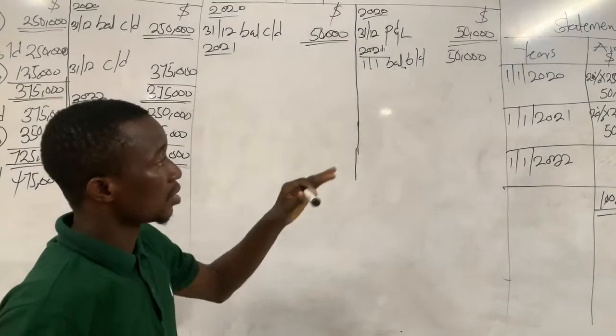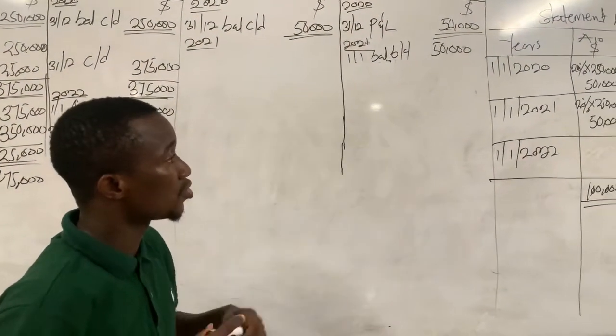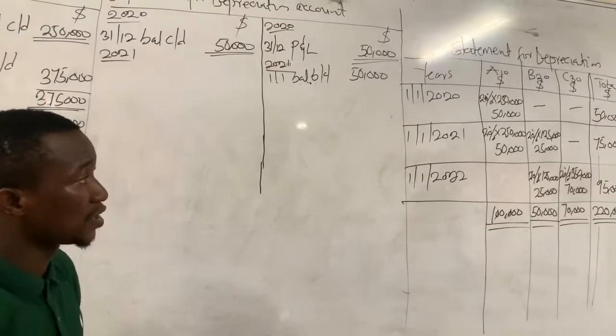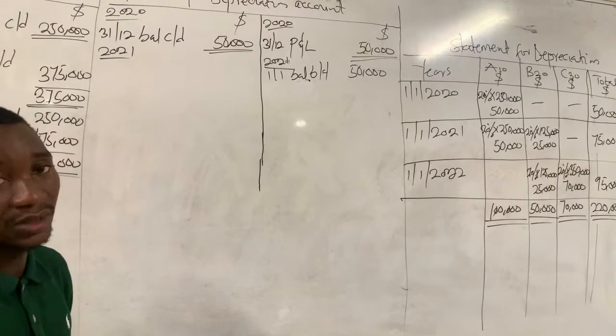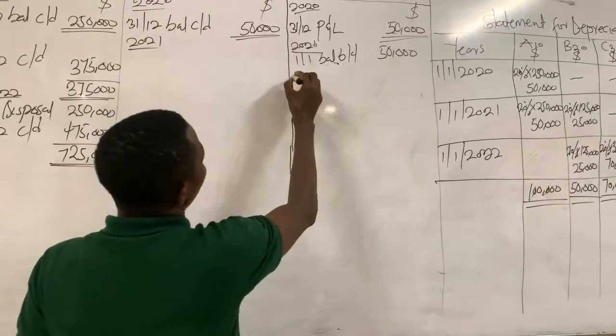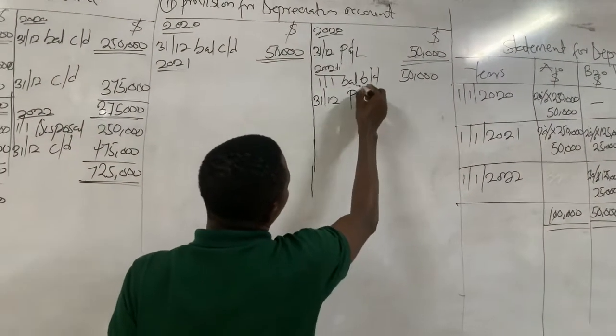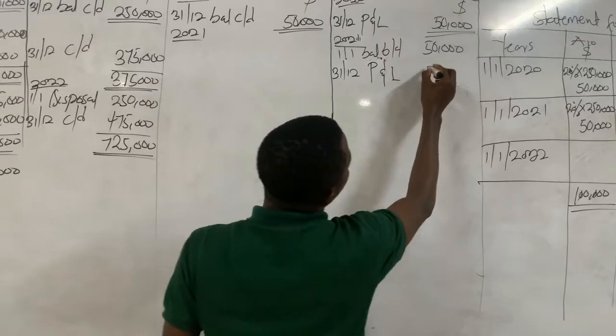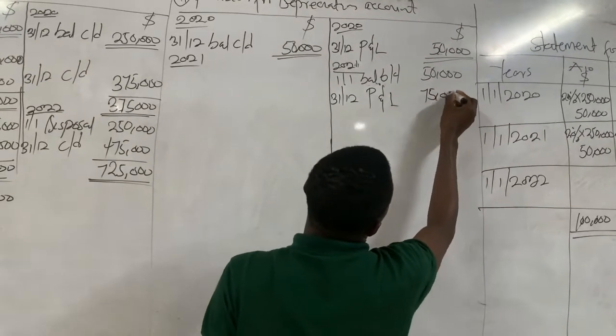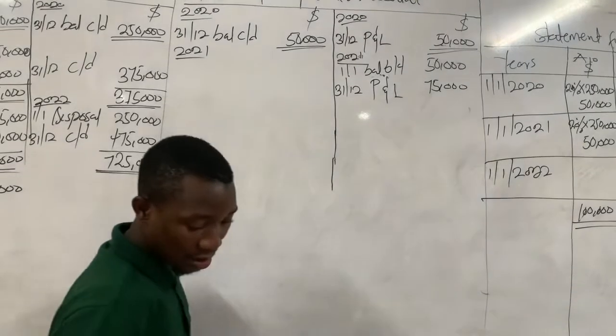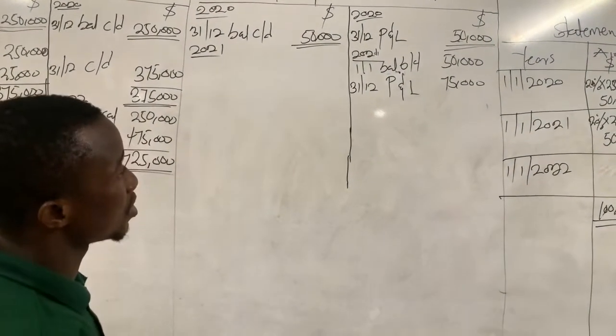That is, in 1st January 2021 we had provision for depreciation being 75,000. Is that okay? So 31st December, and to go to P&L being 75,000, and that is all for 2021.